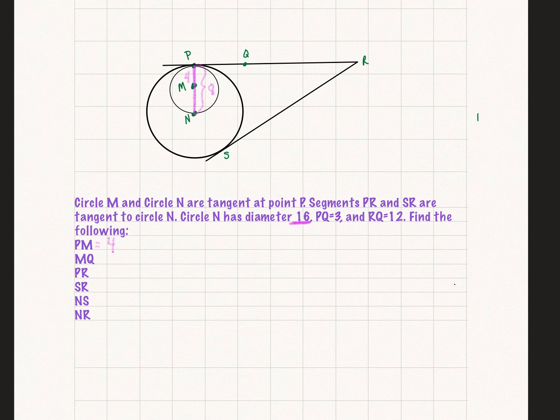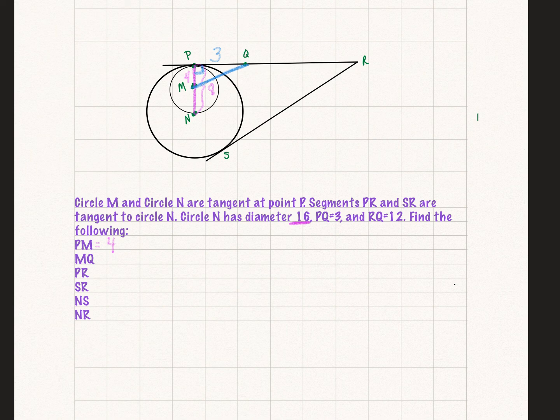All right, the next one we're looking for is MQ. So see MQ right here is this line. And what I know, remember from my theorems, is that a radius to a tangent is a right angle. So I know that that's a right triangle. And I know that I'm looking for PQ, and so we know PQ is 3.